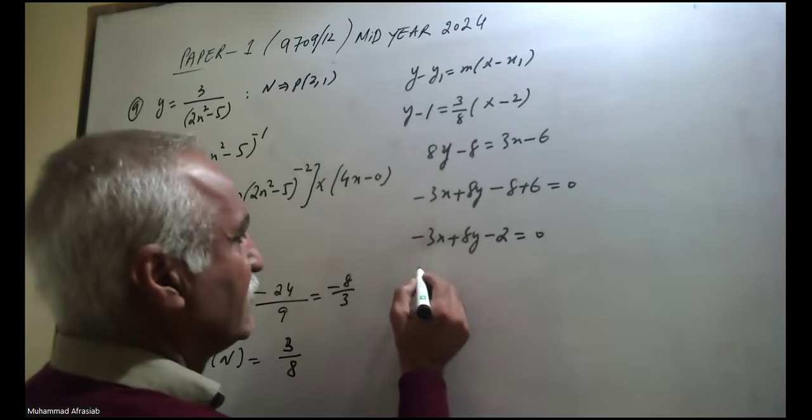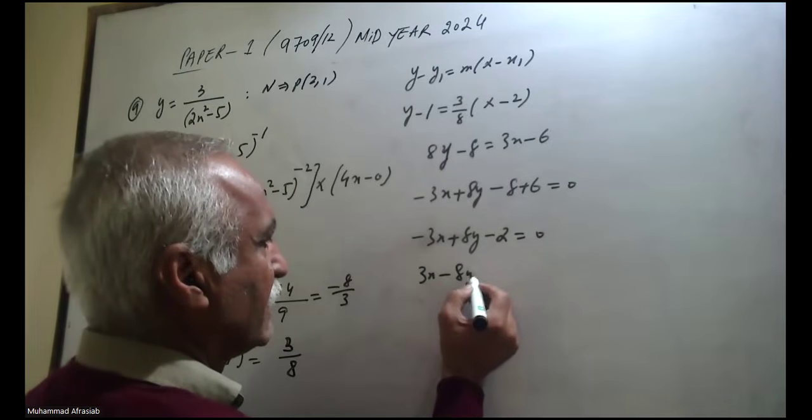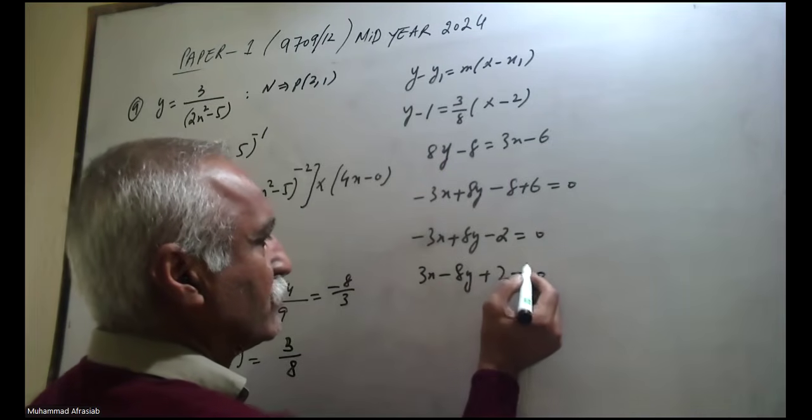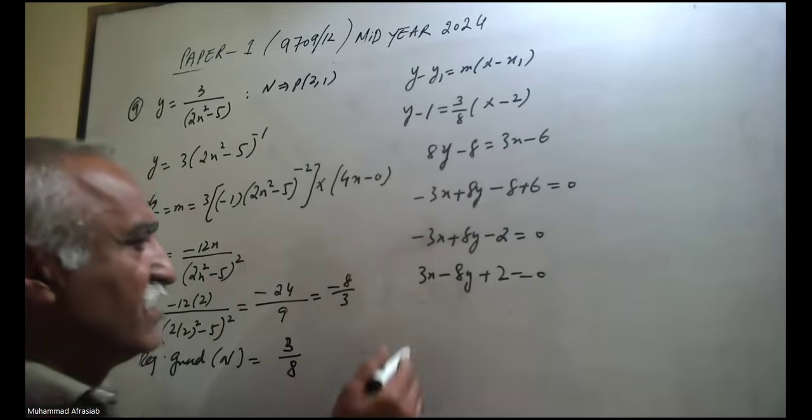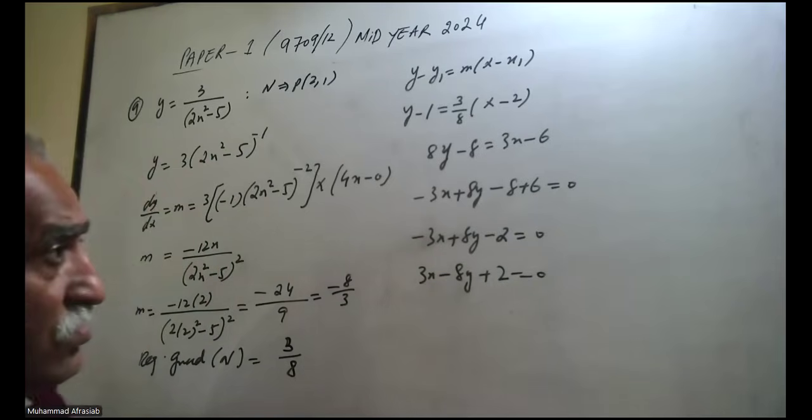Or you can even write this as 3x minus 8y plus 2 equals 0. So any one of these equations is in the form of ax plus by plus c is equal to 0.